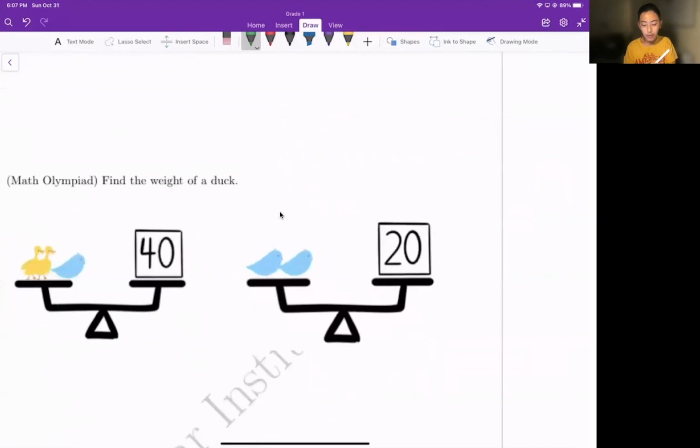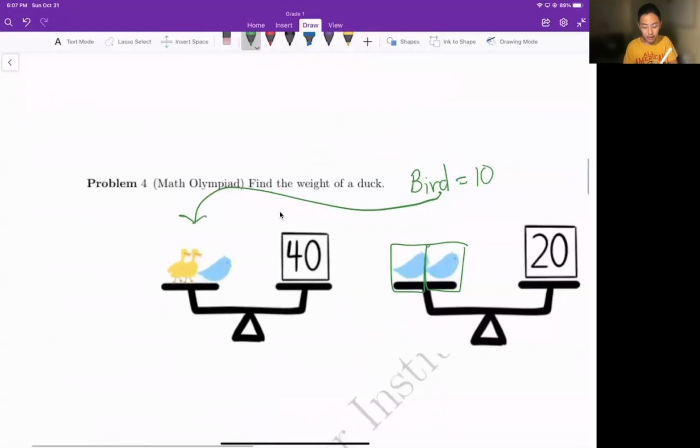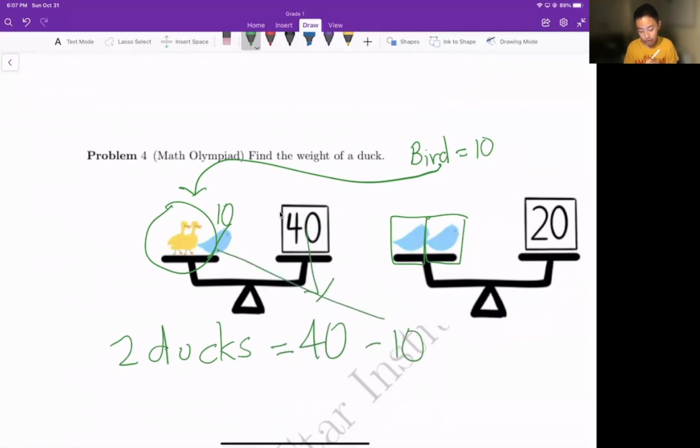And final problem, problem 4, find the weight of the duck. So each bird right here, as you can see, these are two of the same birds. So each bird equals 10. And moving this here, this bird is 10. So that means the weight of these two ducks is 40 minus 10, which is the weight of the bird, equals 30.